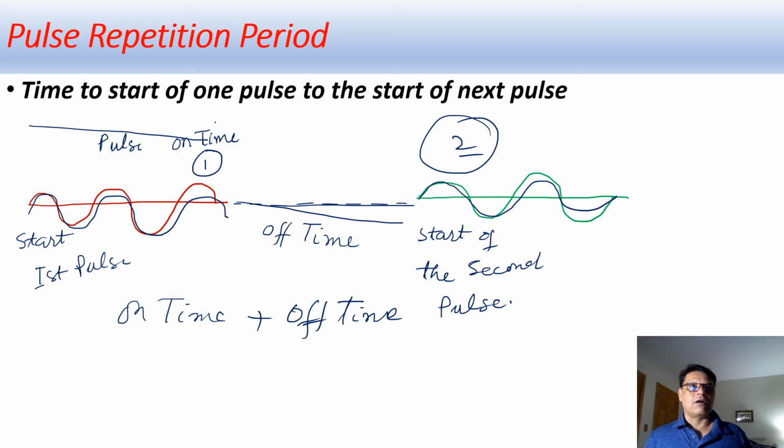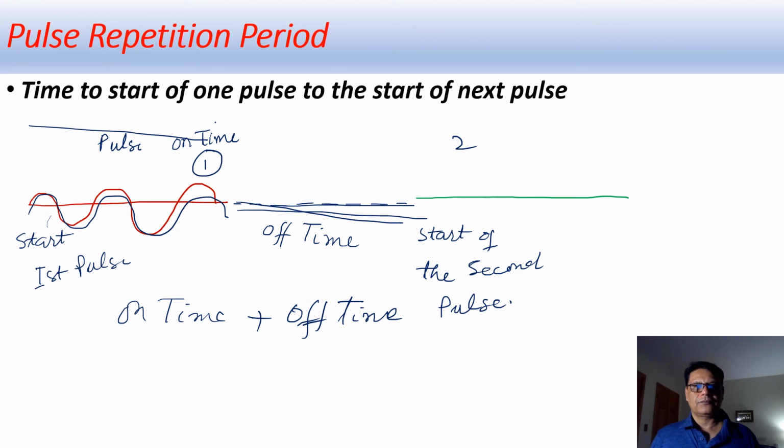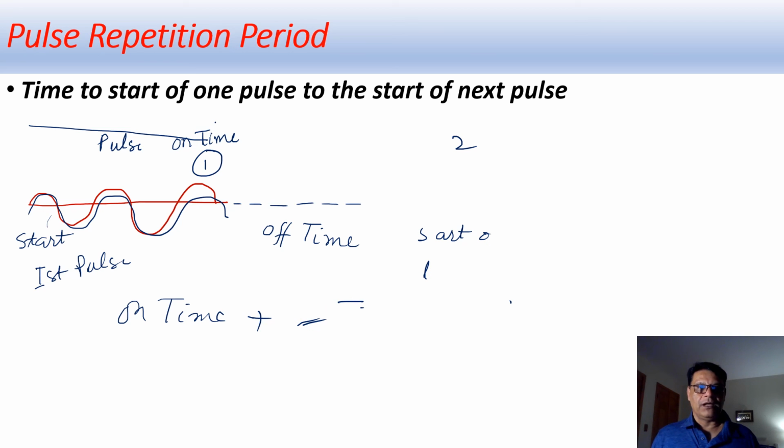So this is called pulse repetition period, that it comprises on time and off time, from the start of one pulse to the start of the next pulse. Hopefully you would have grabbed the concept.